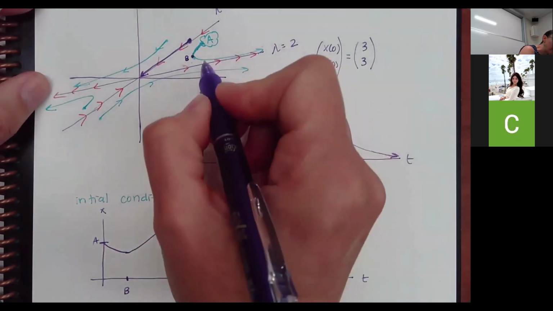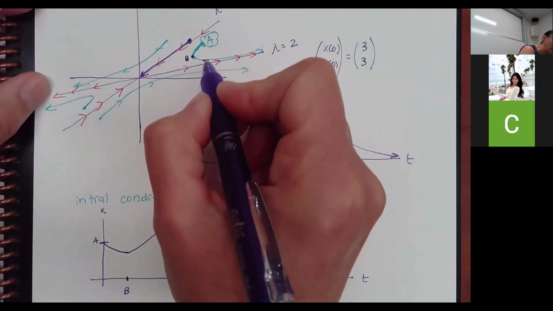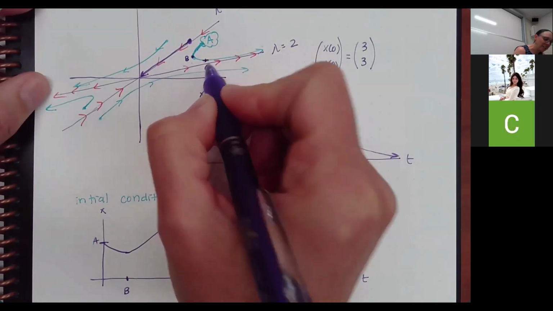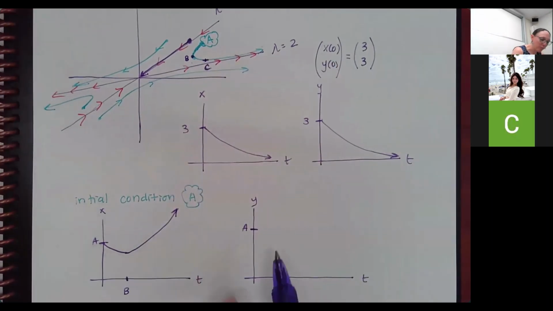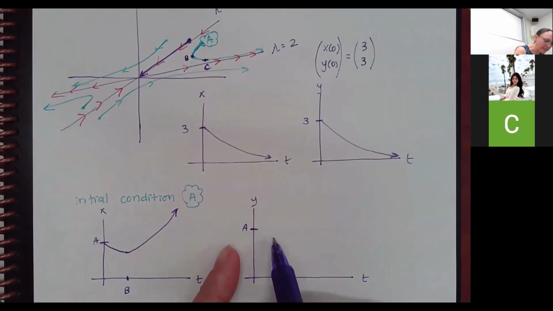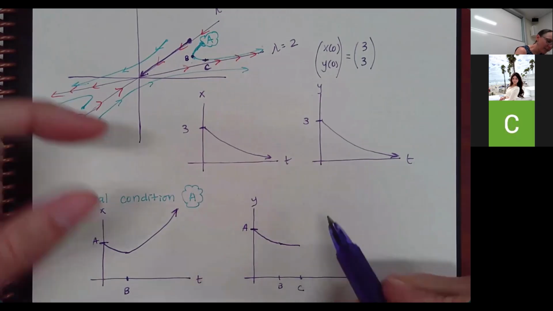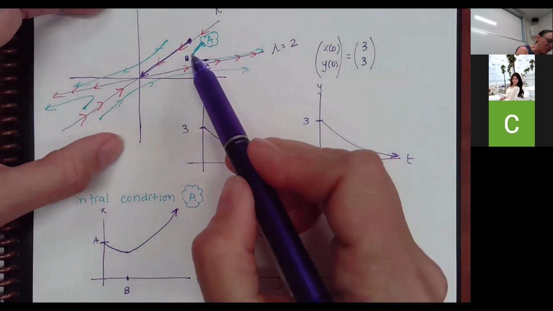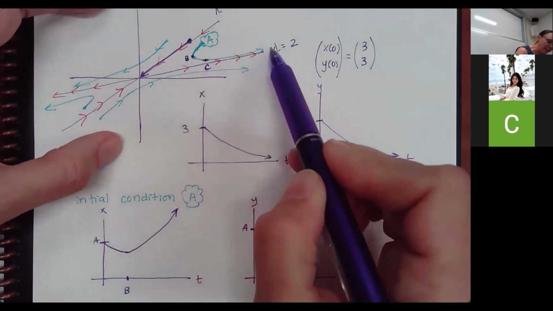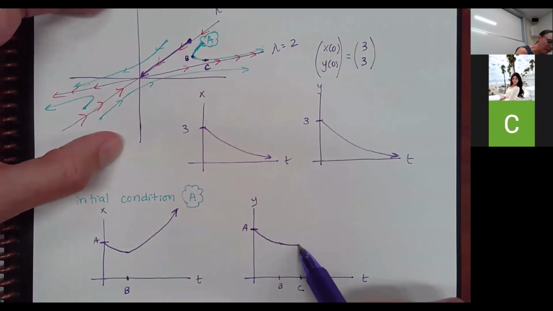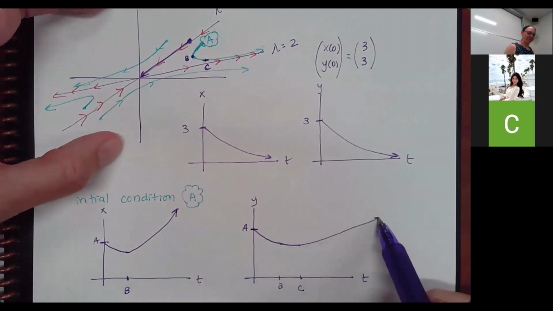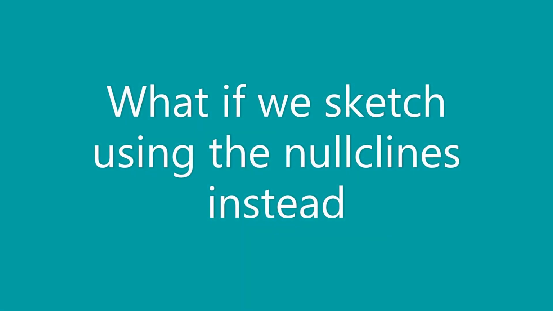My lowest y value is somewhere down here, so I'm going to call that point C. So my y is decreasing to B, but then it's still decreasing a little bit longer to C. And then it's slowly increasing out here, but it's increasing really slowly.